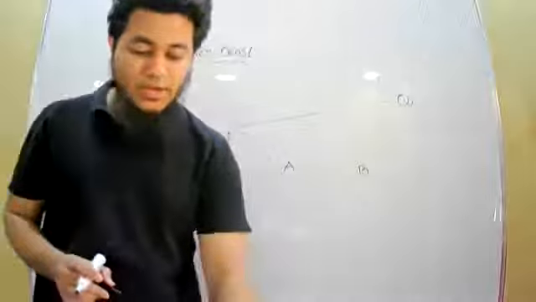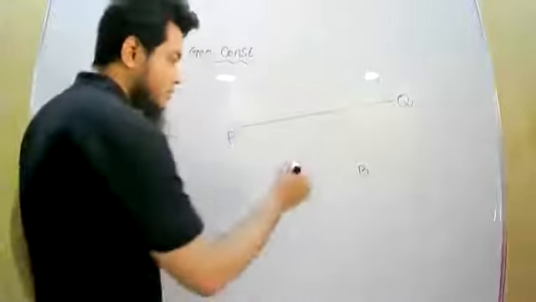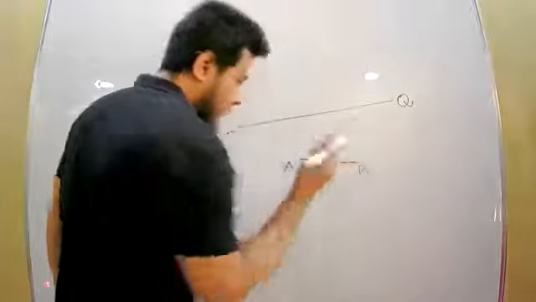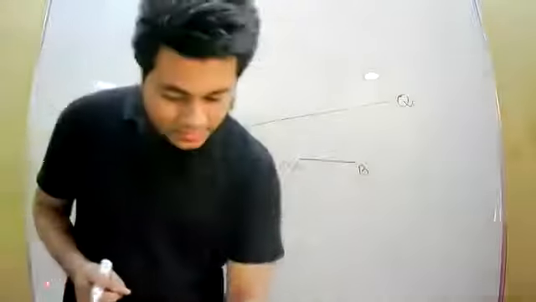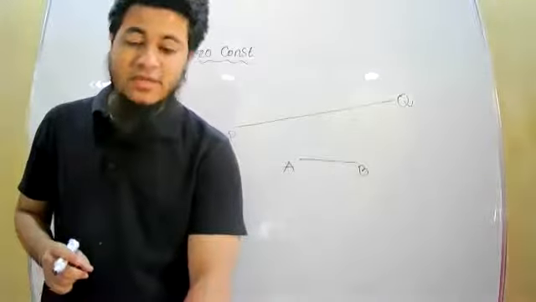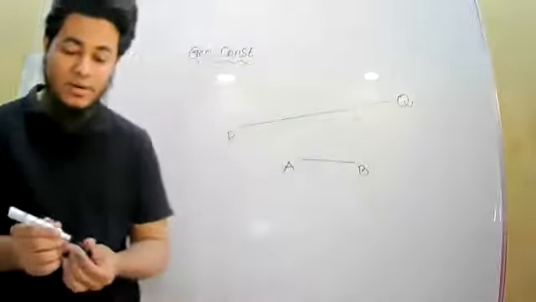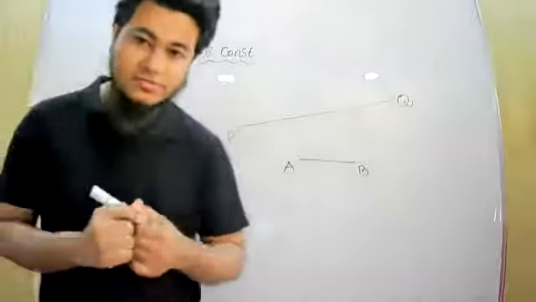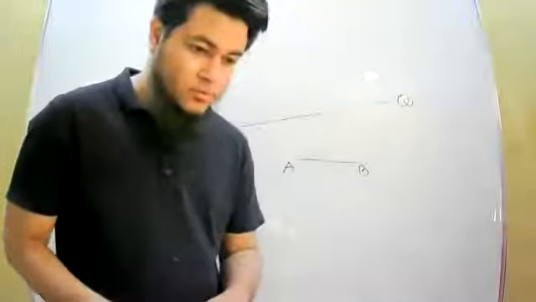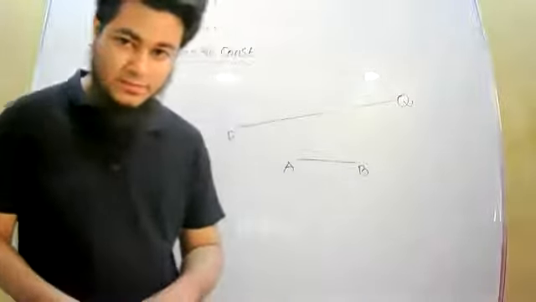Step 1, join A, B. We will join A, B with a straight line, with a scale. Then construct the perpendicular bisector CD of line segment AB. Now, perpendicular bisector, can you draw it? Do you know how to draw a perpendicular bisector?